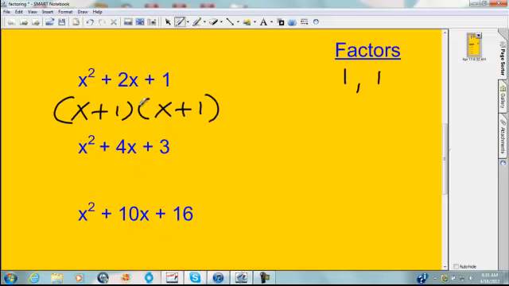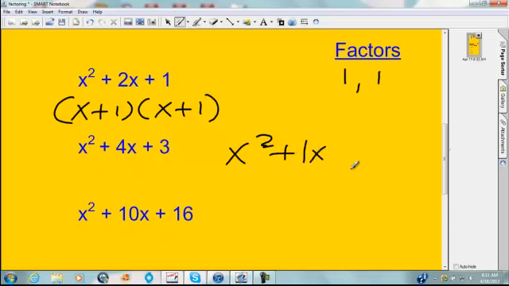And if you want to double check your work, you should use the FOIL method. I'll double check my work on this one to see if I multiply these two binomials to get back to where I started from. So I'm going to multiply my first terms. X times x is x squared. X times 1 is 1x.